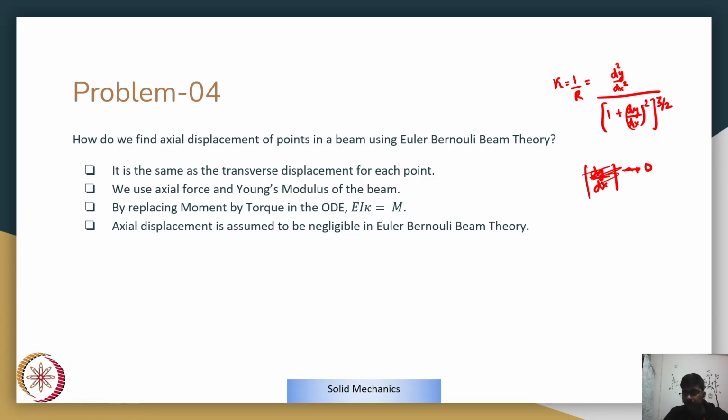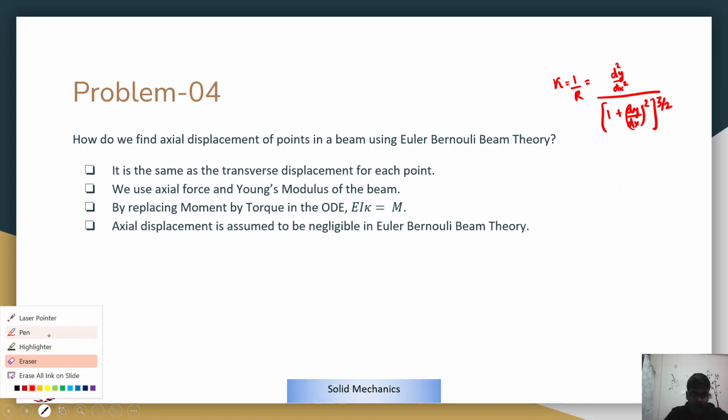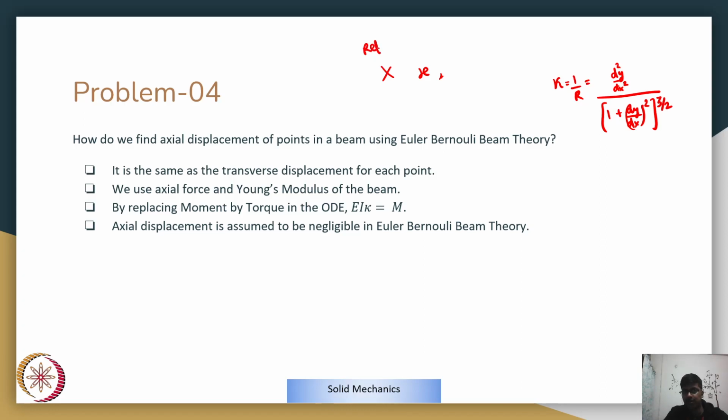It's asking for axial displacement. In the case of axial displacement, suppose capital X denotes your reference configuration, and small x denotes your deformed configuration.